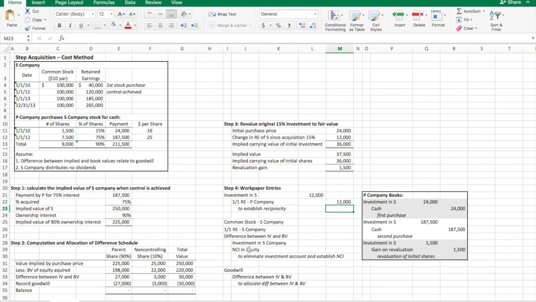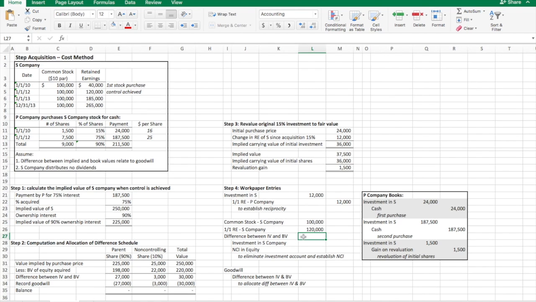And then the second entry we need to make is to eliminate the investment account and establish the non-controlling interest account. And so first we need to debit common stock, which is $100,000, and debit the beginning retained earnings of the subsidiary. And since we're in 2012 making these work paper entries, it's $120,000.